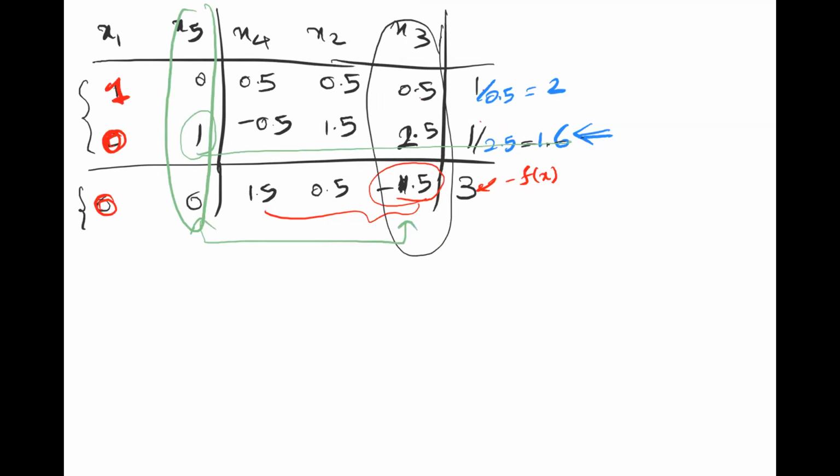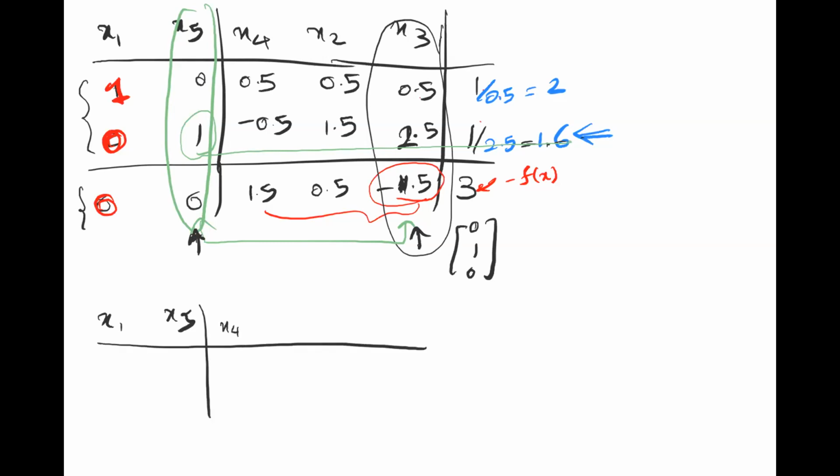Again, we are going to do some linear combination of rows to make sure that the column that corresponds to x3 is exactly similar to what x5 is now. So we want to transform x3's column to 0, 1, 0. If we do this using linear combination of rows, we are going to have x1, x5, x4, x2, x3.